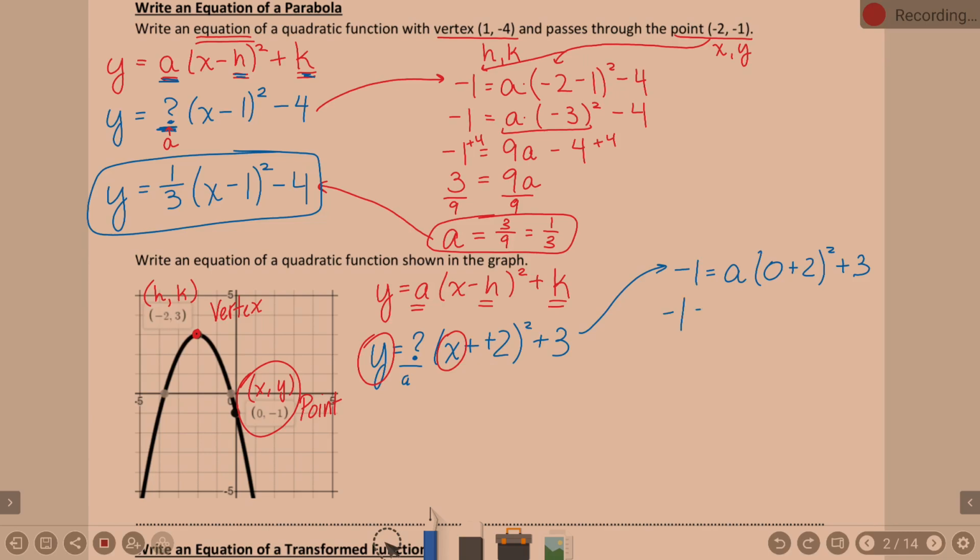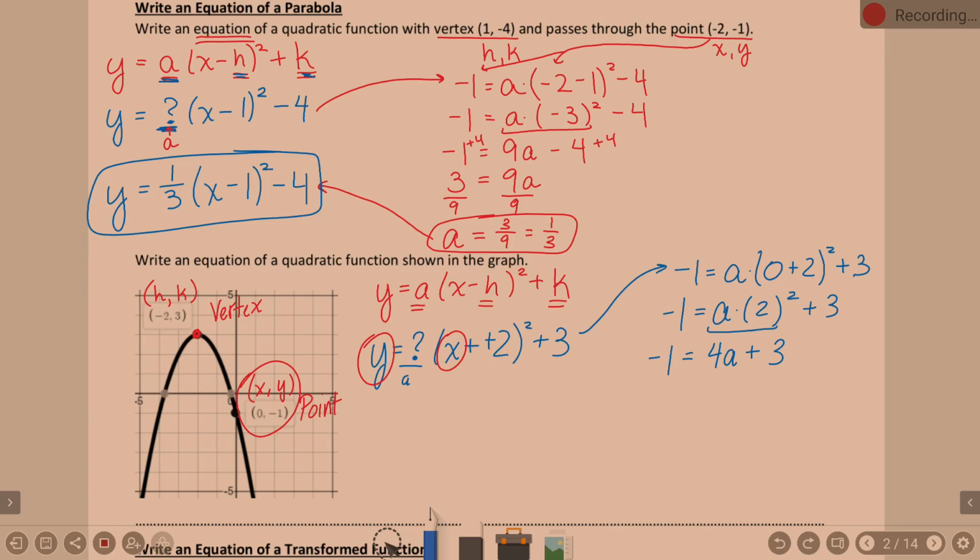Parentheses, tough work here. What is 0 plus 2? 2. What is 2 squared then? 4. Now, what do we know about that 4? It is attached to the A. So this is going to be 4A plus 3, equaling the negative 1 here.